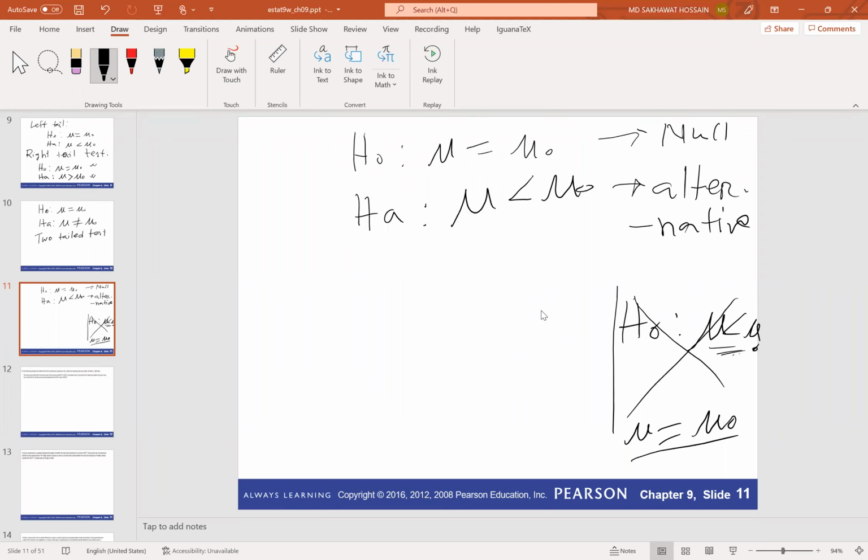So what is test statistics? For example, here we want to do a hypothesis test about the mean, right? So what is the point estimate for mu? How do we estimate mu with a single value?